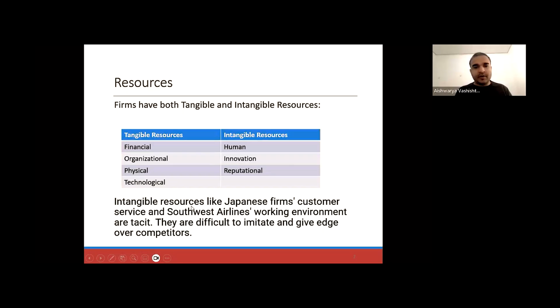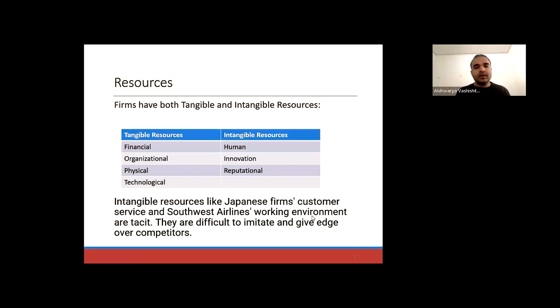And if you have started reading the Southwest case, then you would know how difficult it is to imitate. The competitive advantage in the case of Southwest is basically its work culture, and the same is true of Trader Joe's when you read the Trader Joe's case as well, right?